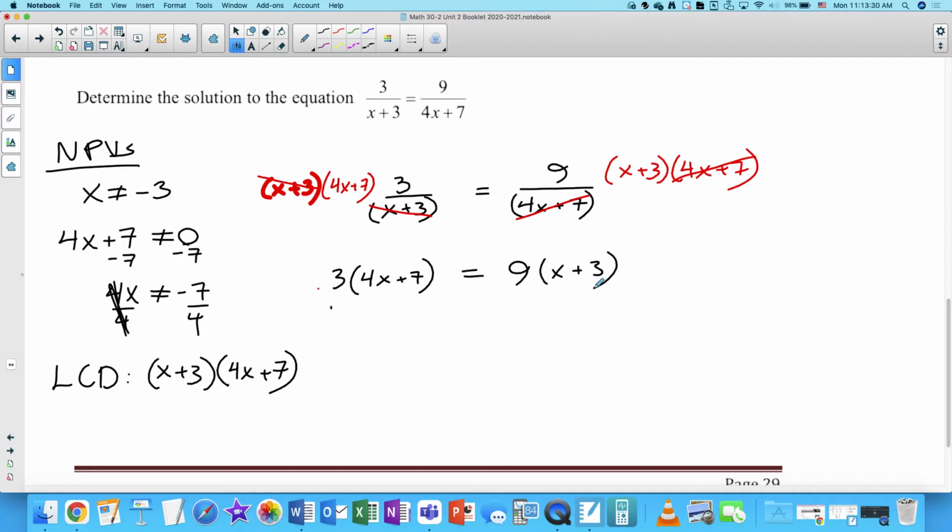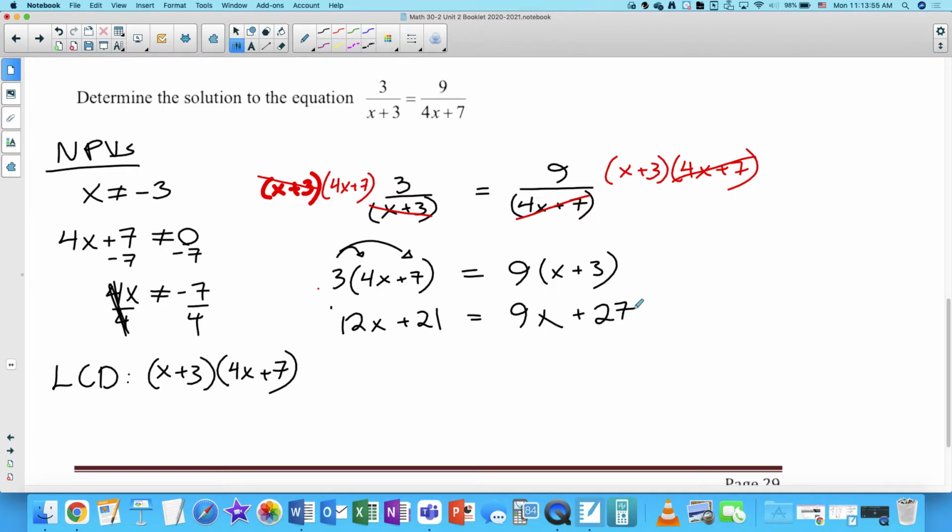Okay. For this particular linear equation, we've got to do some expansion first. So this will be 12x plus 21 equals 9x plus 27. Okay, where would you go from here?